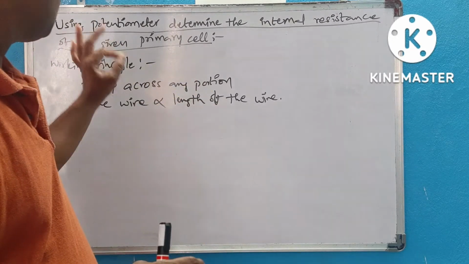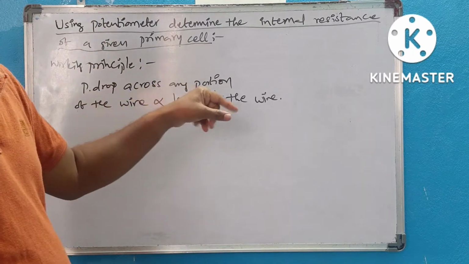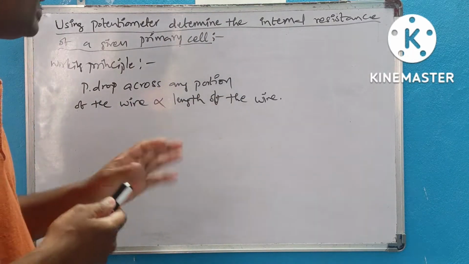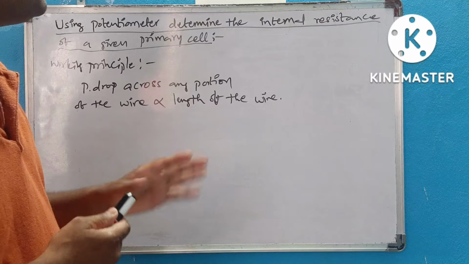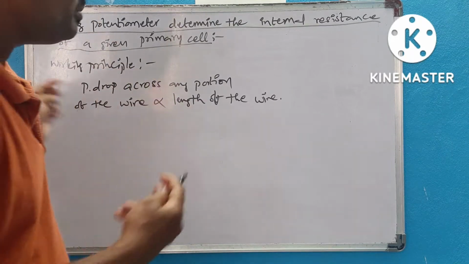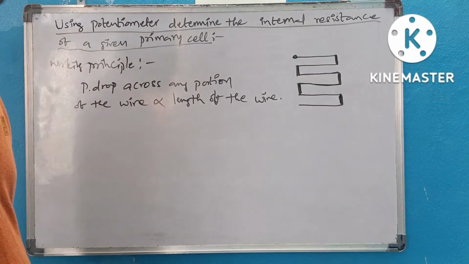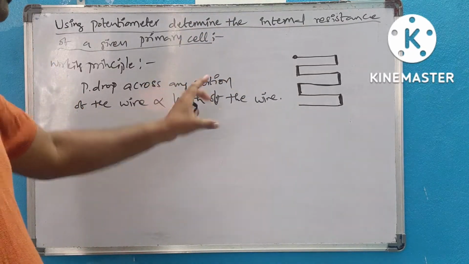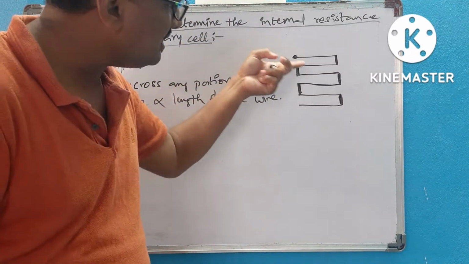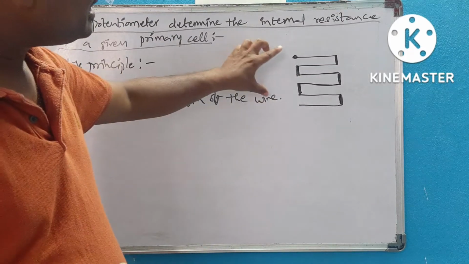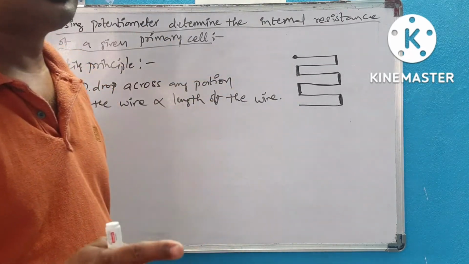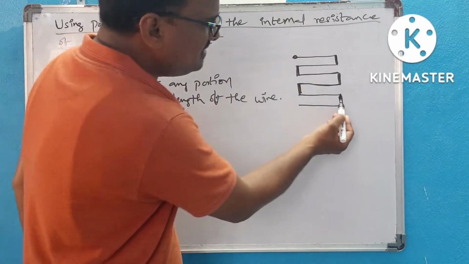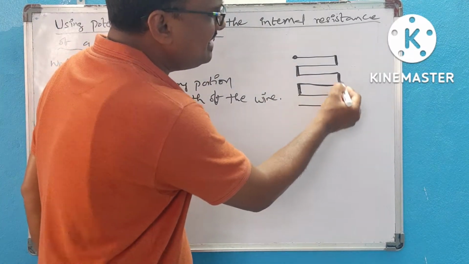Now our task is, using this potentiometer, to determine the internal resistance of a given cell. For that purpose, we can draw a potentiometer here. To reduce the length of the potentiometer wire, we cut the conducting wire into equal pieces, and those equal pieces are connected to the strips. These broad lines are strips.